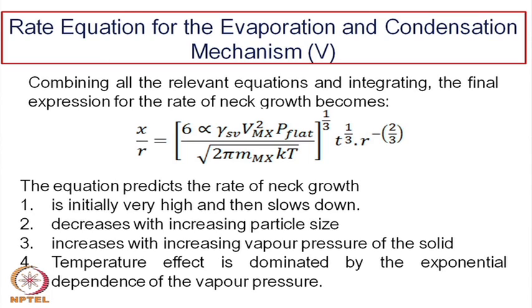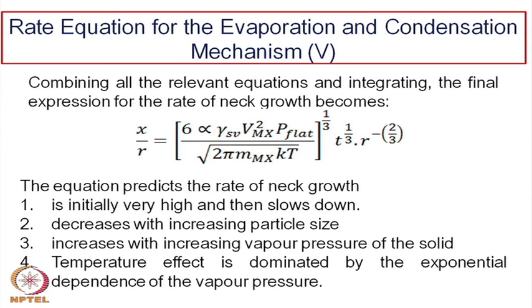So, this equation predicts the rate of neck growth, how, at what rate with respect to time, it is growing and how it will grow. Obviously, there are different material parameters as well as experimental parameters which determine this rate. Now, the neck growth is initially very high and then slows down, because with time the exponent is 1/3.